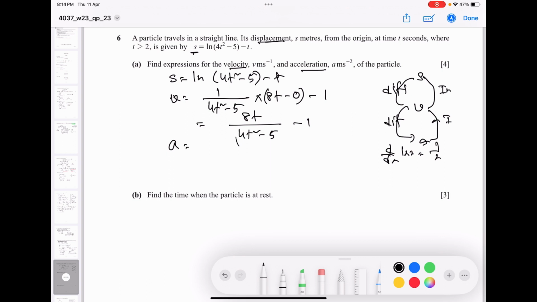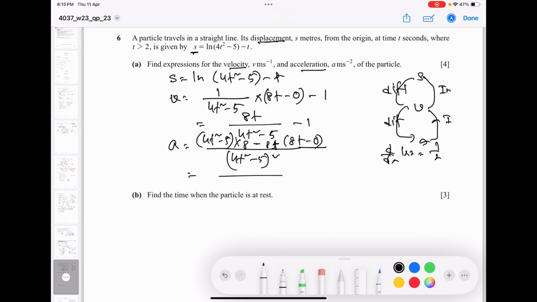This is in division form, so we must follow the quotient rule: 4t square minus 5 times the derivative of 8t, that is 8, minus 8t times the derivative of 4t square, which is 8t, and the derivative of 5 is 0.